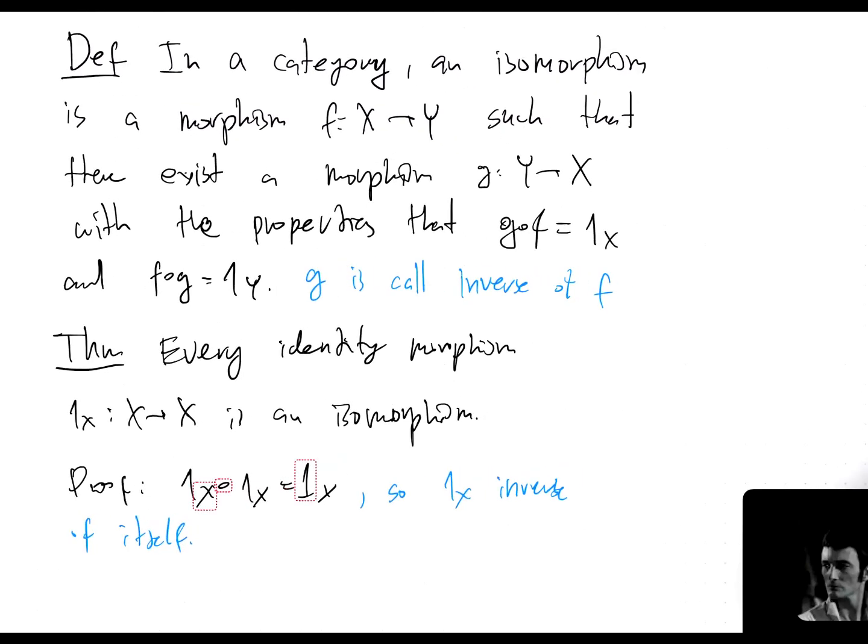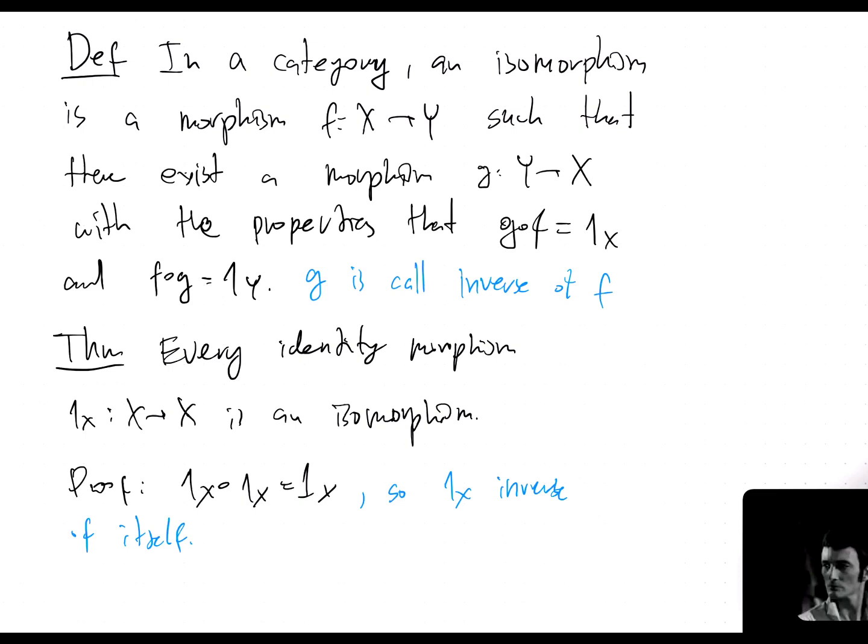Now, the concept of an isomorphism is very fundamental in mathematics because, remember, the morphisms were some kind of processes, and when our objects are mathematical structures, the morphisms are transformations of these structures.